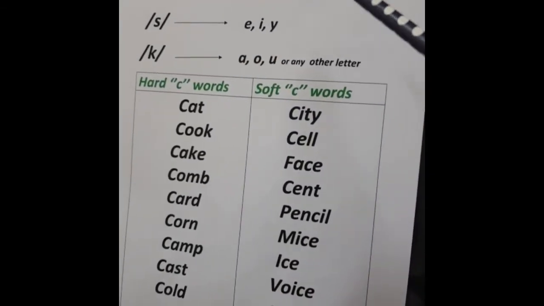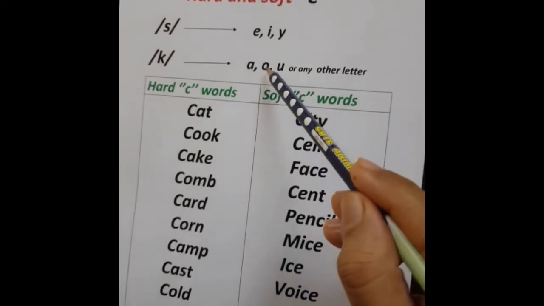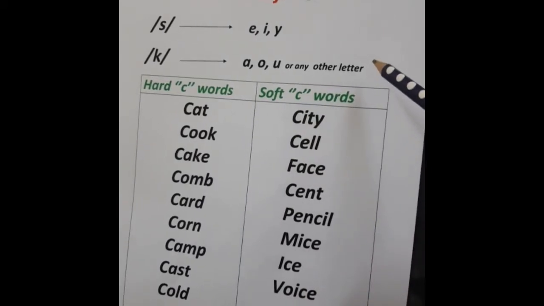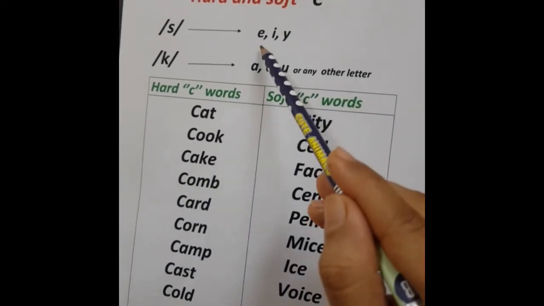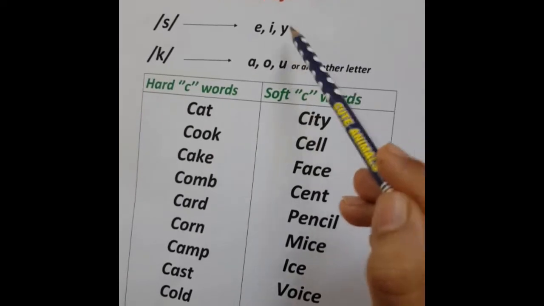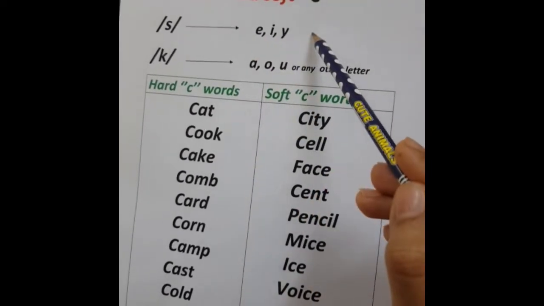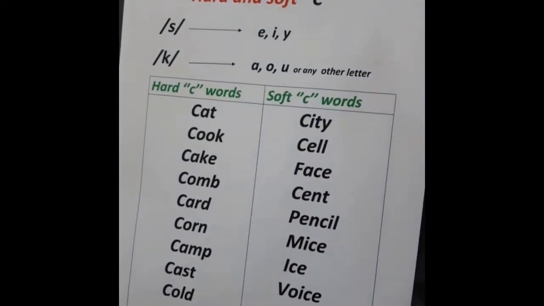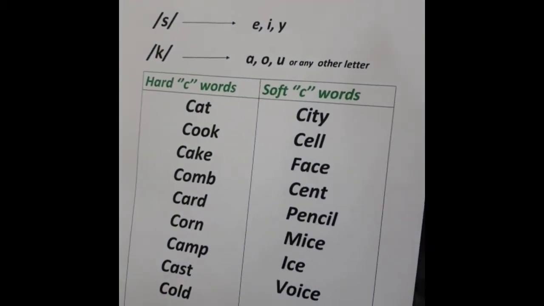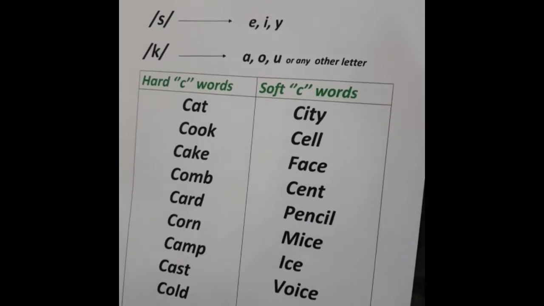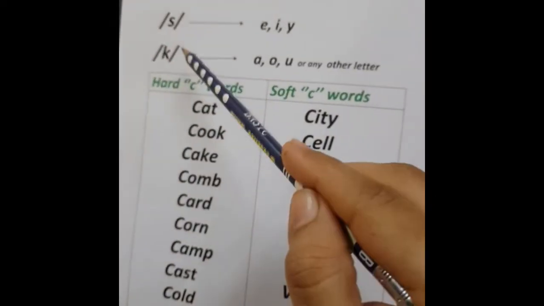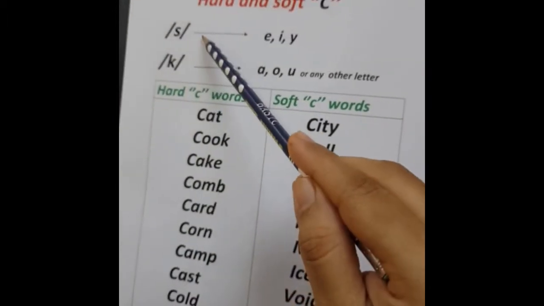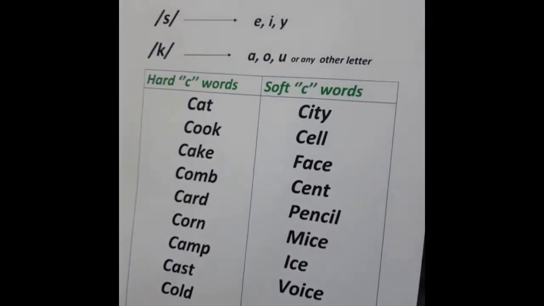It makes the hard sound when it is with A, O or U mostly, or sometimes with other letters also, leaving E, I and Y. When it is with E, I and Y, it makes the soft sound, the S sound. So C has two sounds. One is the K sound and the other is the soft sound.